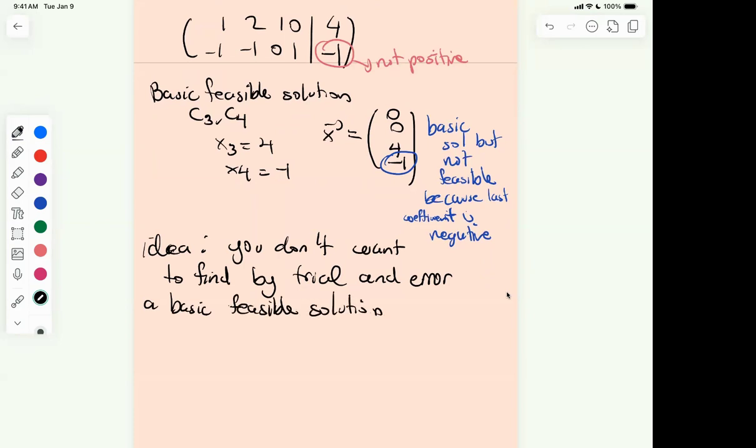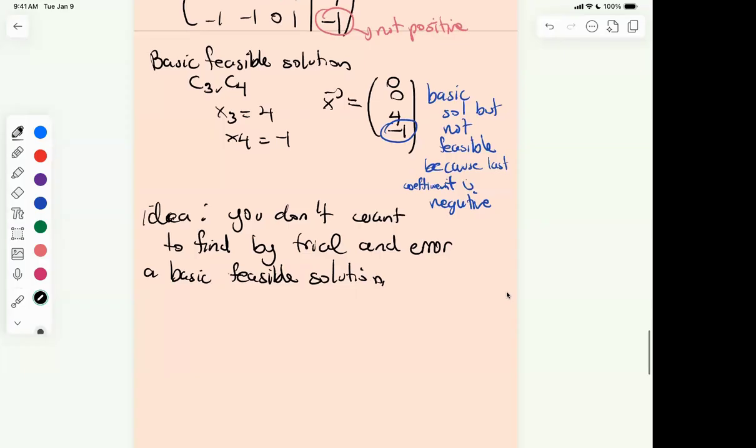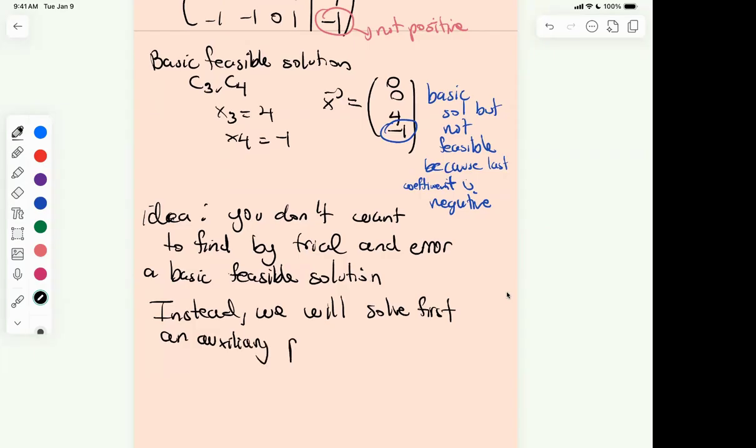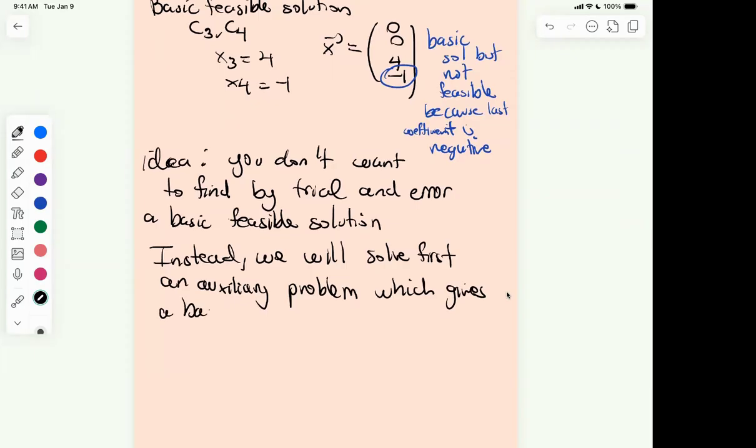Instead, we will solve first an auxiliary problem which gives a basic feasible solution, and that's what I'll mention next time. And once you have that, then you can run the algorithm as before.